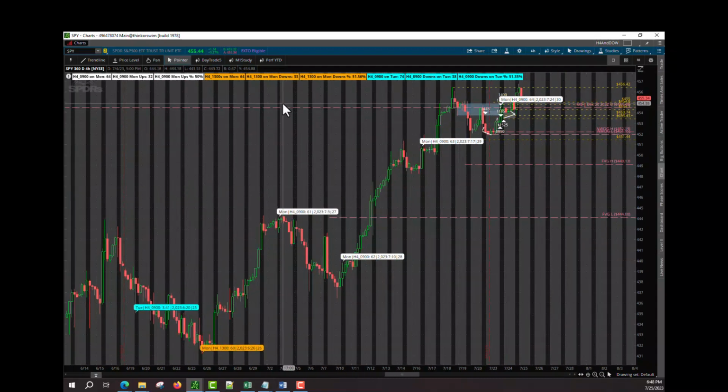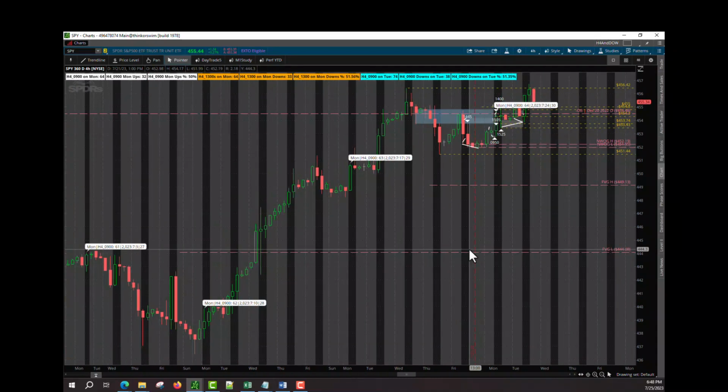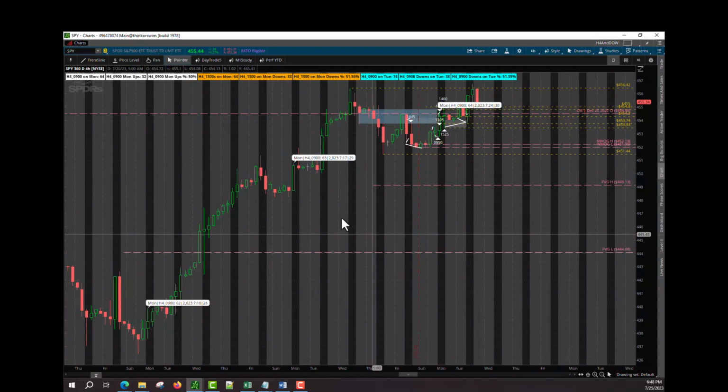If I zoom, it will be less crowded. But here's the phenomenon that we are monitoring right now. We want to observe the 4 hour time frame, the candles on Monday and Tuesday. We want to see any correlation between them.